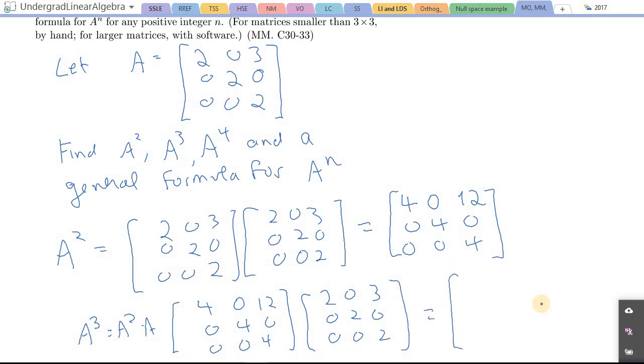Just by conventional multiplication, again looking at the patterns, this 4 goes with this 2 and gives me 8. This 4 times 0 plus 0 times 2 plus 12 times 0 gives me a 0. 4 times 3 gives me 12. 0 times 0, 12 times 2 gives me 24. So I actually have 3 copies of 12, which is 36.